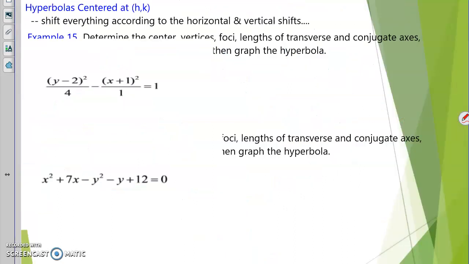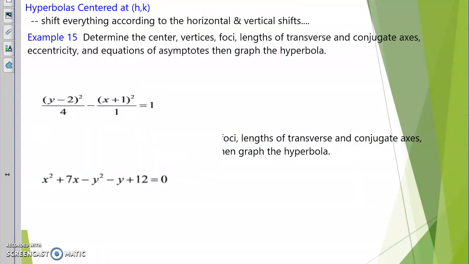All right, so let's see if we can actually see it. Determine the center, vertices, foci, lengths of the transverse and conjugate axes, eccentricity, equations of asymptotes, and try to make a pretty graph. Let's see if we can do all of that.